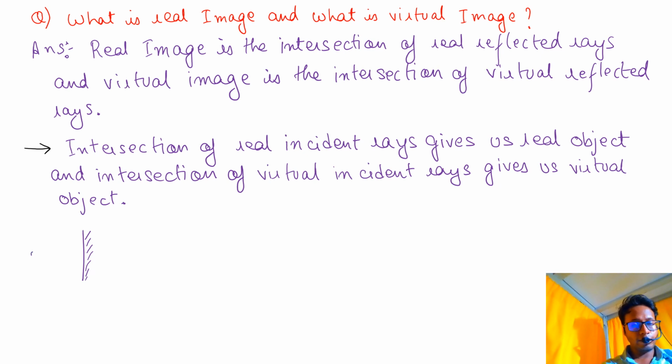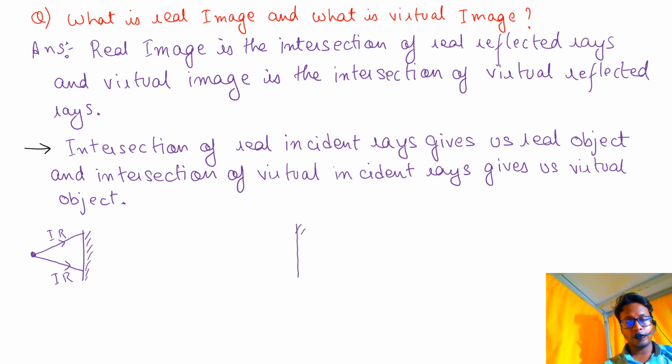Real object is anything above or on the front side of the mirror. Those will have real incident rays. The problem is, what is a virtual object, or what is an example of a virtual object? Suppose this is the mirror, but instead of my rays coming from a point source like this, my rays are somewhat like this. These are the incident rays.